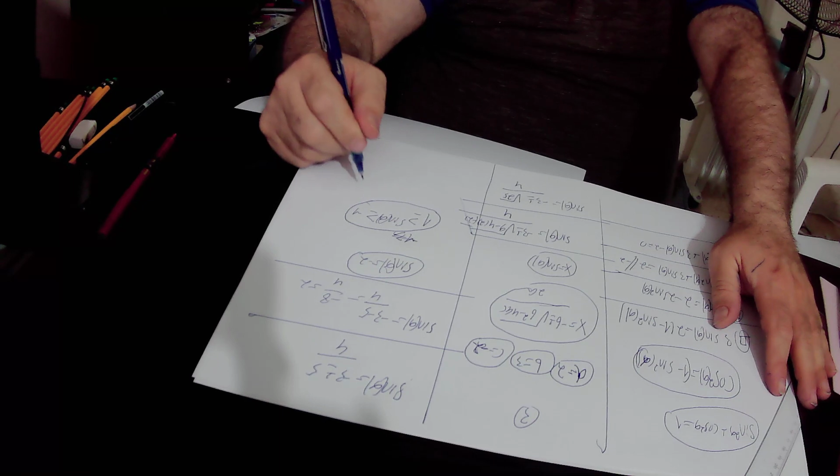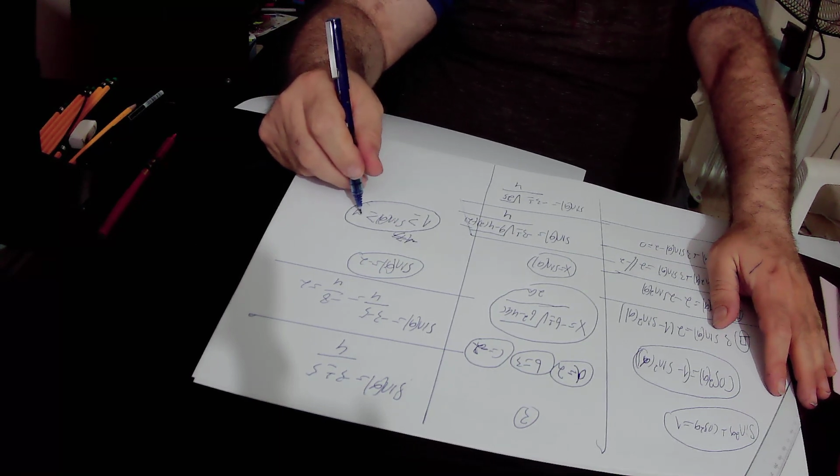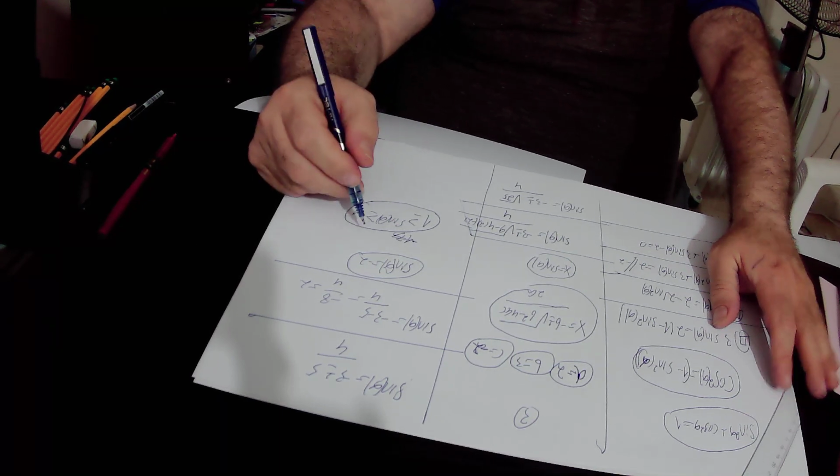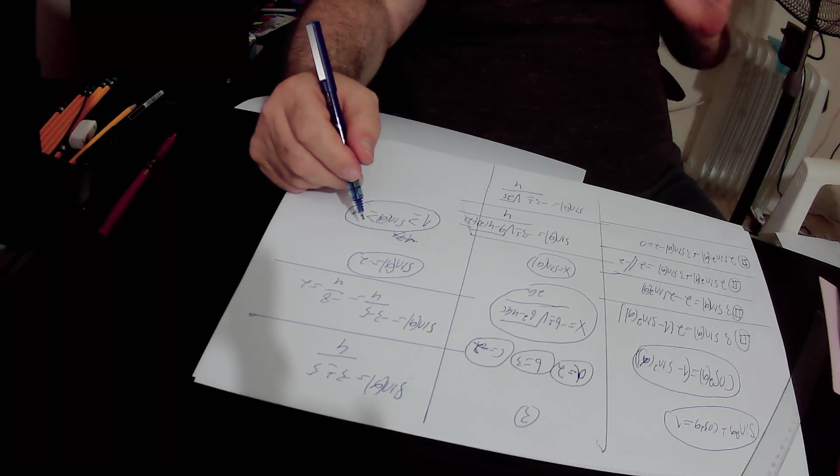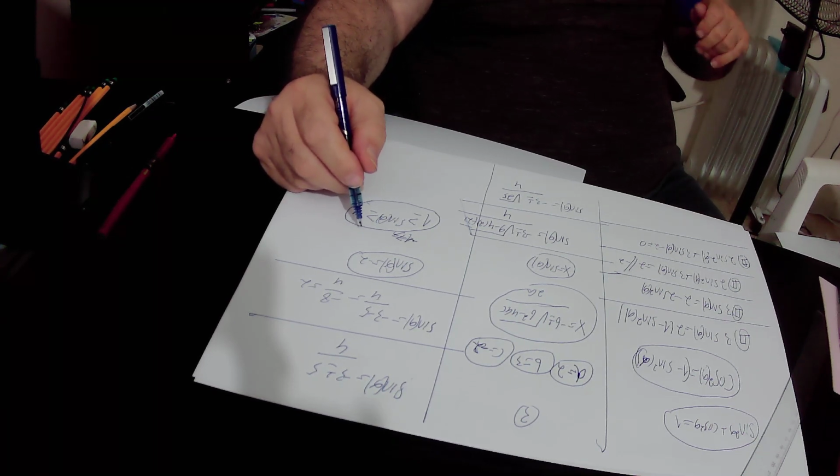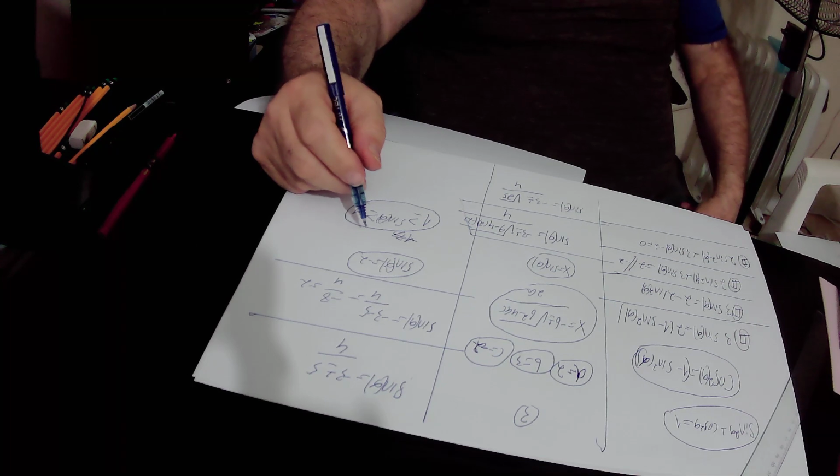Therefore, sine alpha can never be equal to minus 2, so this solution is incorrect.